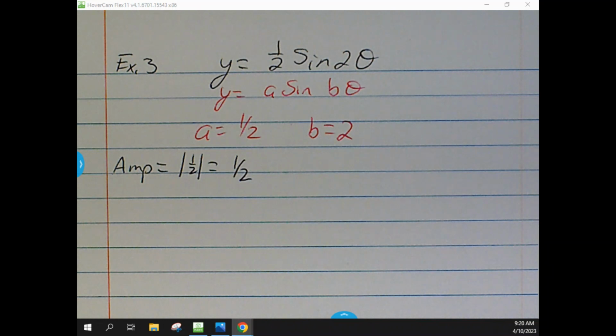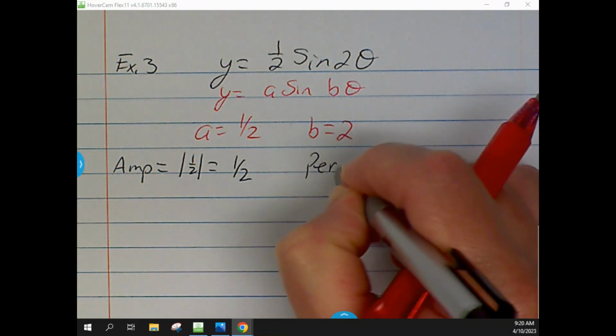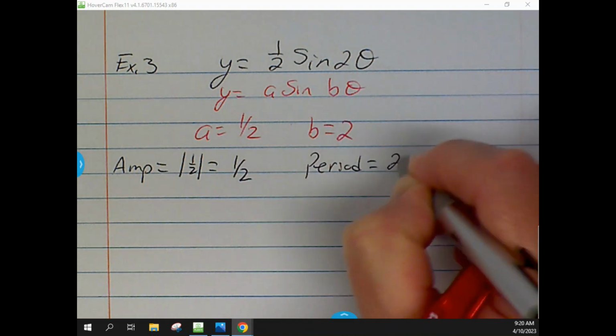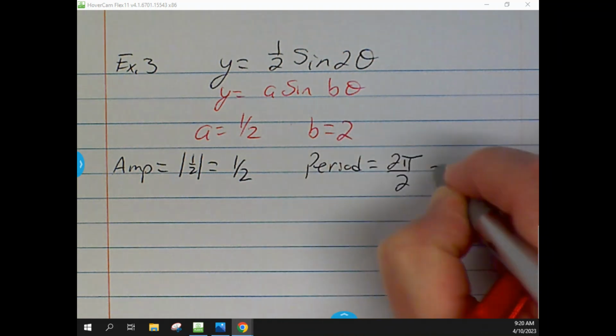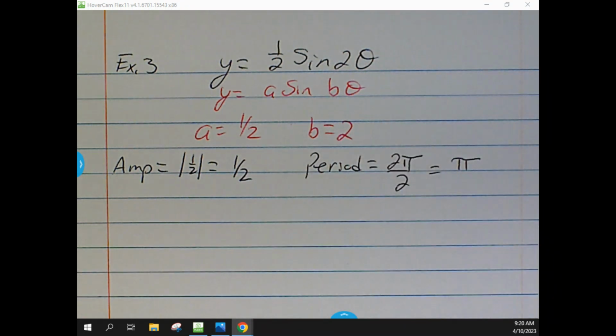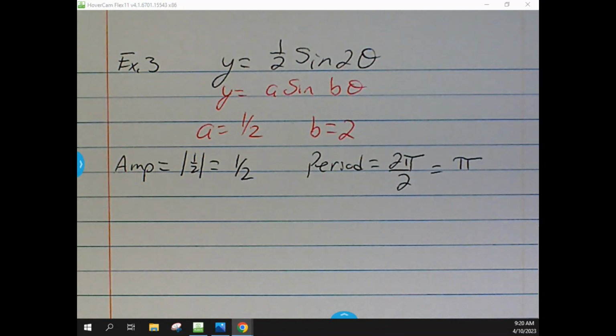Amplitude's a half. And the period in this case works out nice because it's 2 pi divided by the b value of 2, which is 2 pi over 2. The 2's cancel, so that means the period's just plain old pi.